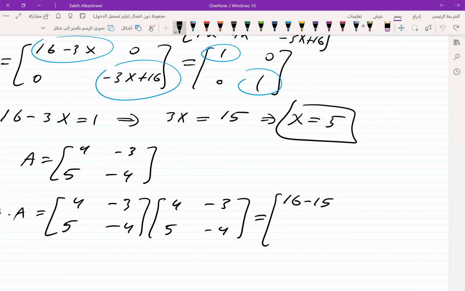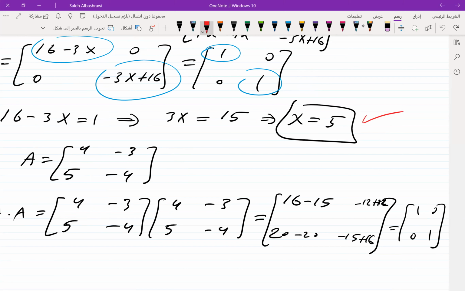The second one would be 0, and this is 20 minus 20, also 0. And minus 15 plus 16, which is equal to the identity. So the value of x equal to 5, so that the given matrix A is its own inverse.